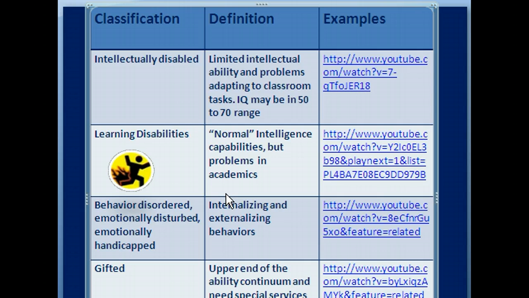Gifted students also may have a learning disability and may have emotional problems as well. So I'm hoping this chart will be of benefit to you. Look at the classifications, make sure you're aware of the definitions, and then also you can click on examples from YouTube there to better illustrate what those classifications are.